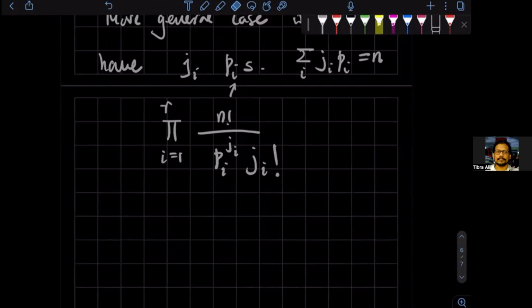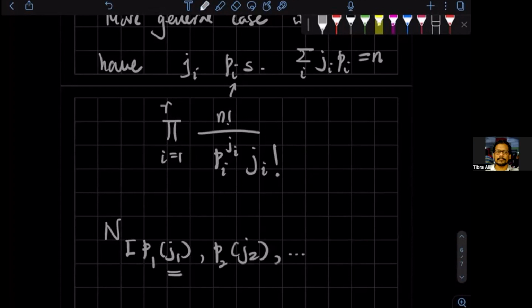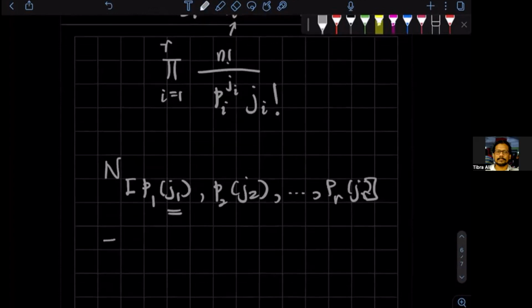Okay, so what we have in the end is that the number of elements in a subset which has, say, disjoint cycles, J1 P1-cycles (J1 is the number of P1-cycles) and J2 P2-cycles, up to JR PR-cycles, this number is then given by n factorial divided by the product over i from 1 to r of p_i to the power j_i times j_i factorial.